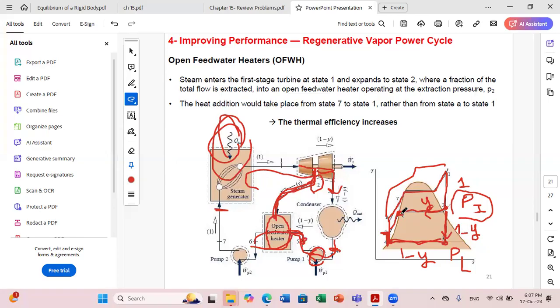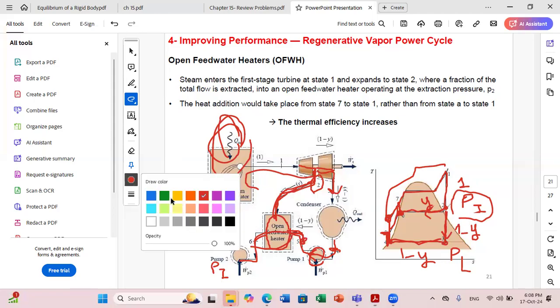And now, once we mix them, we are ready to enter the second pump stage in order to pump from P intermediate to P high in order to enter the boiler. But now, instead of entering the boiler at state A, we enter the boiler at state 7. So let us look together.